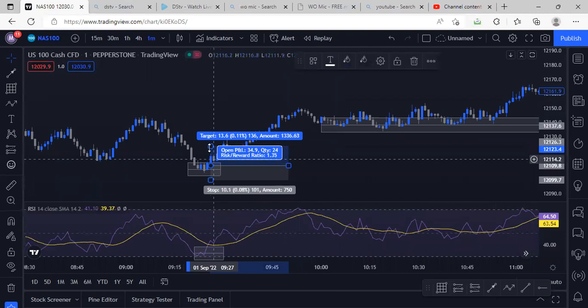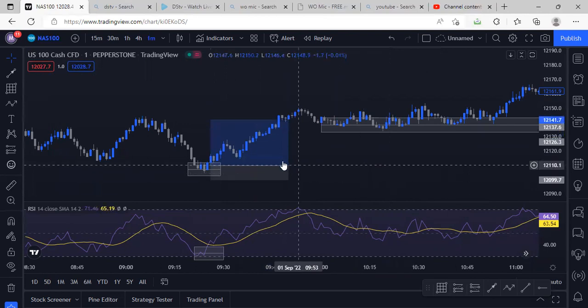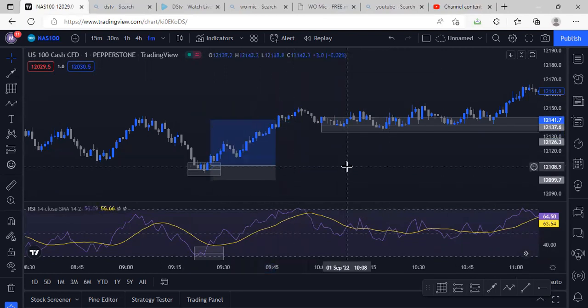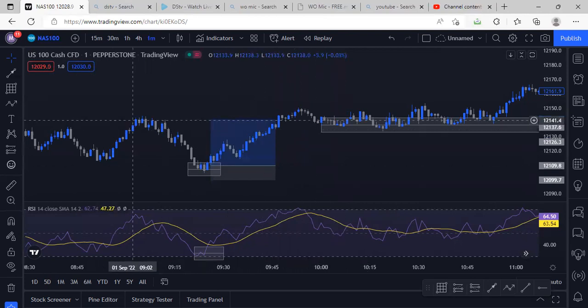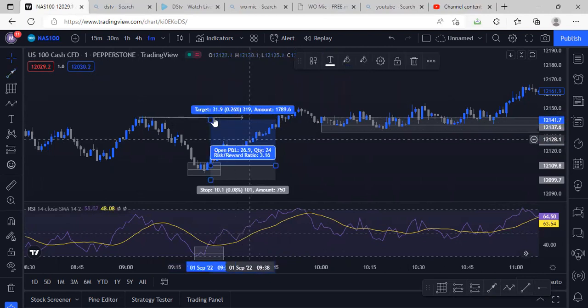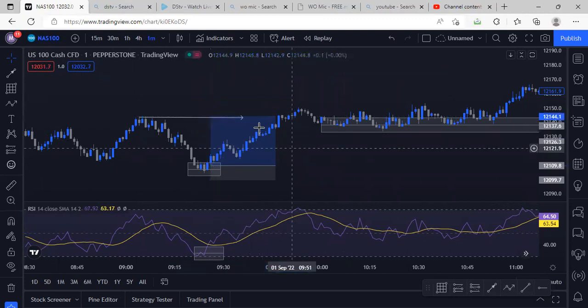Remember, you don't hold for a long period of time. As soon as you make even 200 rand profit, you close. You don't need to be greedy. You close on your nearest resistance or your nearest support. As you can see, in this case, if we took a buy, our take profit will be right here.